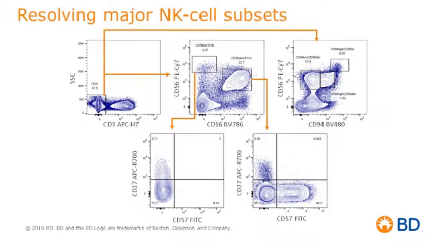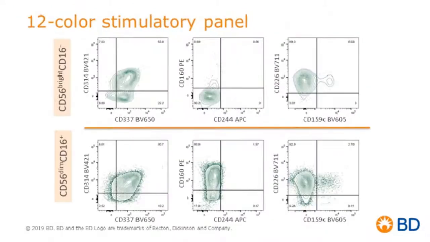But now we'll focus on the two subsets based on CD56 and CD16 expression, and we start looking deeper into stimulatory and inhibitory receptors based on our drop-in panels. On the top panel, you will see combinatorial analysis of different combinations of bivariate plots where we can look at stimulatory molecules in either the CD56 bright or CD56 dim population.